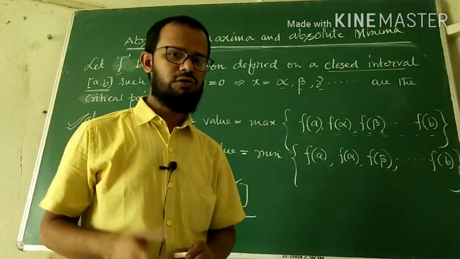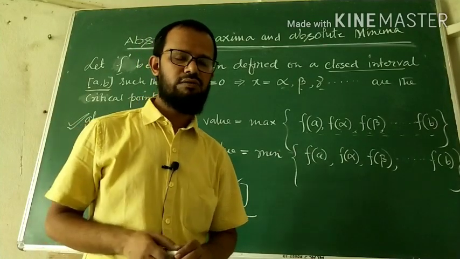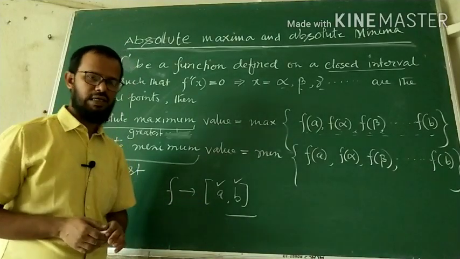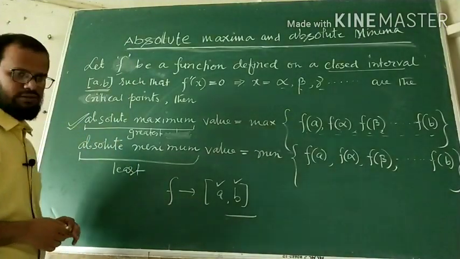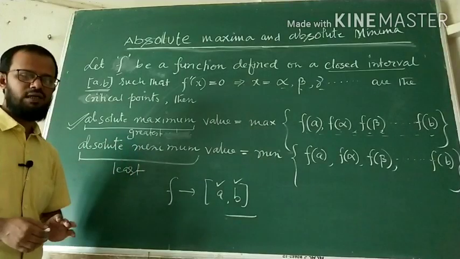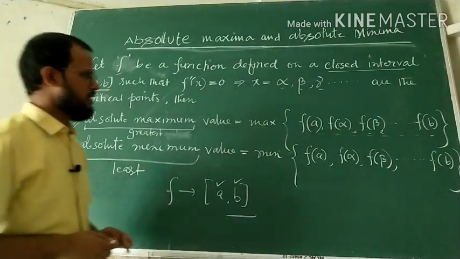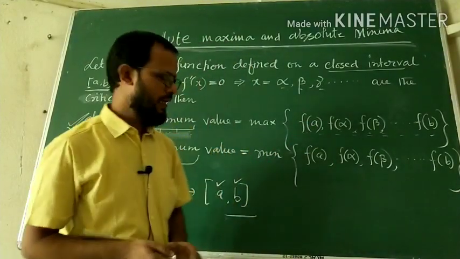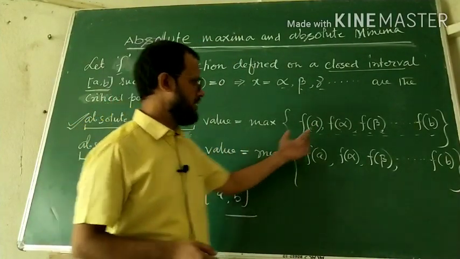Sometimes the question directly asks to find the absolute maximum and absolute minimum, or the greatest and least value of the function defined on a closed interval [a, b]. So what is the rule? You have to find the functional value at the end points of the closed interval as well as at the critical points.